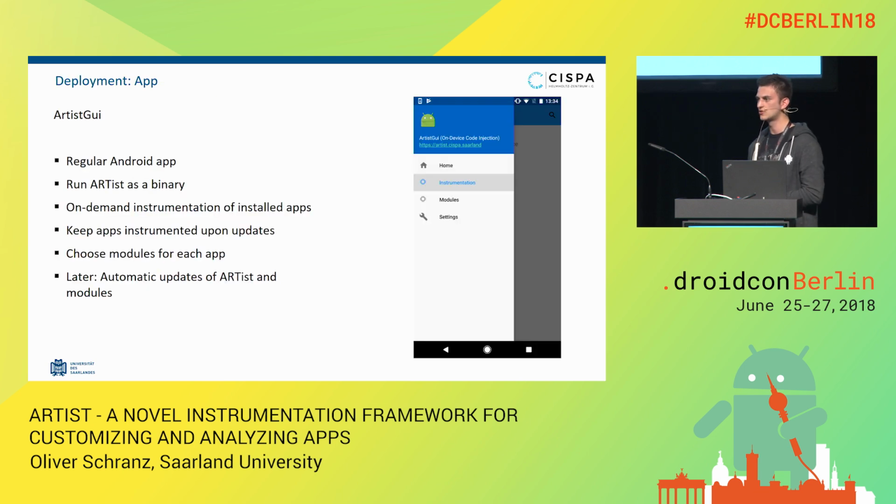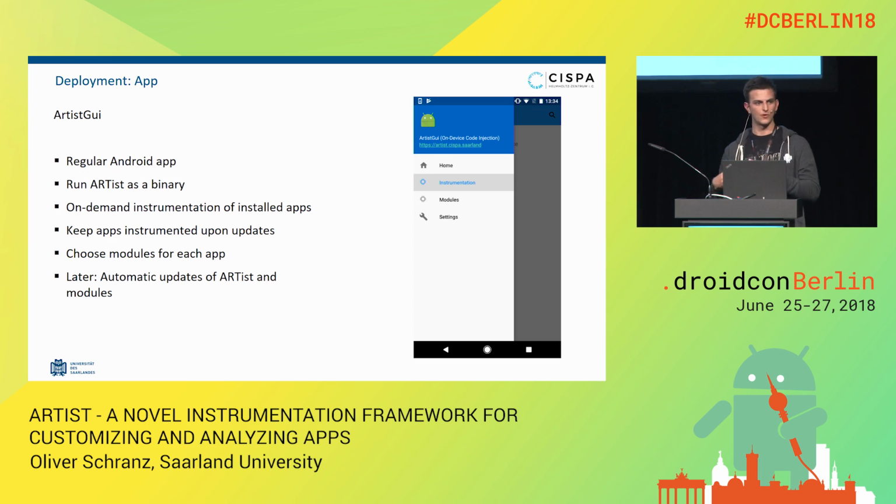So how do we deploy this, if we don't replace the original dex2oat with our version of ARTist? Well, the idea is that we have a wrapper application. Since I'm horrible at names, I just named this ARTist graphical user interface. We take the new compiler version, and you can think of it just as a binary. You invoke it with arguments, the arguments being installed applications, and it outputs OAT files.